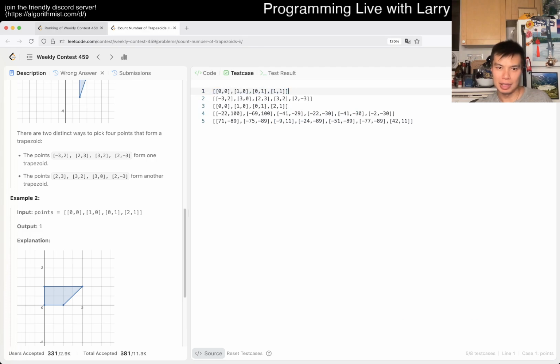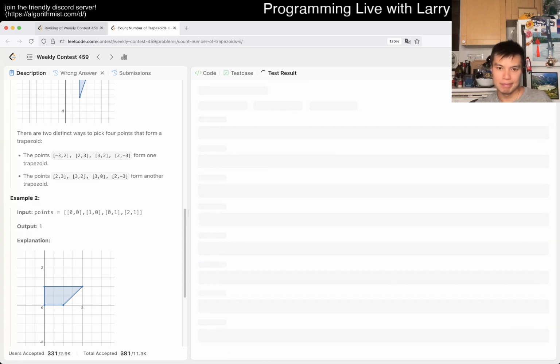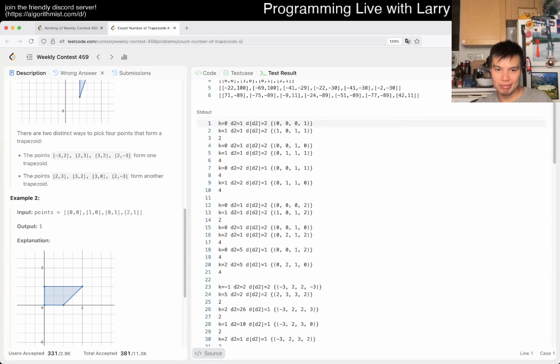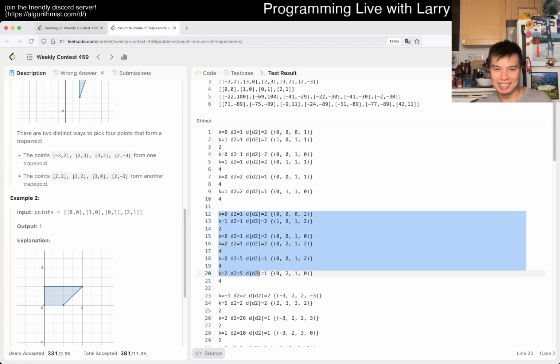So we just say... No, it still double counts twice. Is it a rectangle or a square situation?